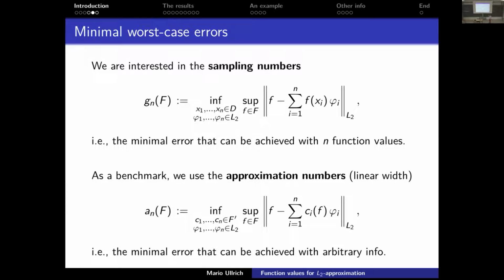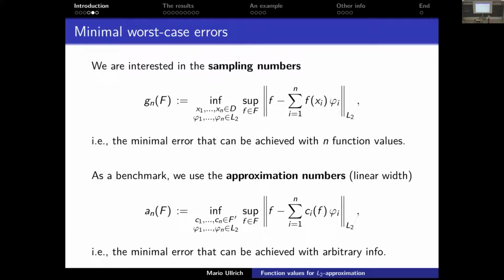So this here is the minimal error I can achieve with n function values. It's not constructive. This quantity itself is not constructive because I don't know the x and I don't know the phi. But as our result will show, I will give you some explicit algorithm here.